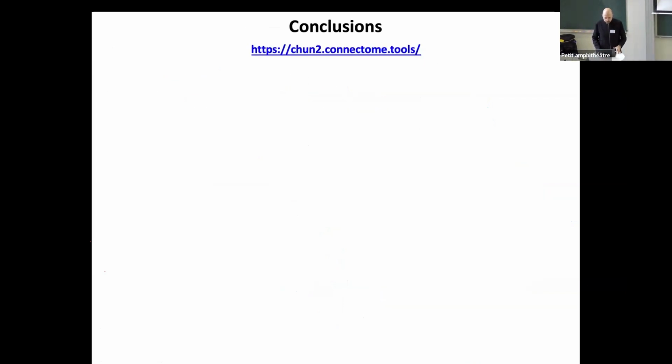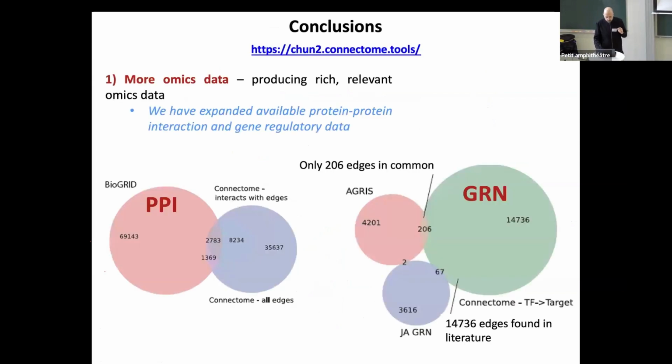Yes, so the conclusions from the talk here, going back to those three objectives, are first, more omics data. Yes, we have expanded available protein-protein interaction and gene regulatory data by simply excavating it from the literature. So far, this information was not accessible to bioinformaticians.